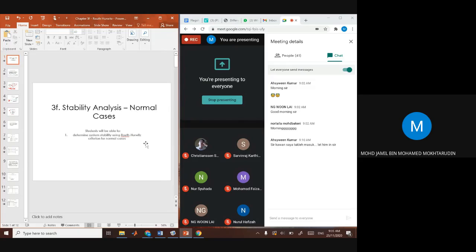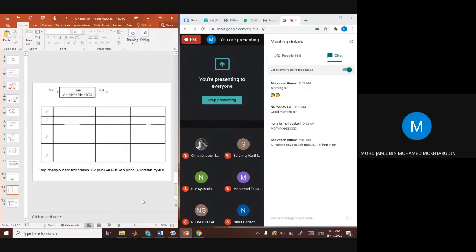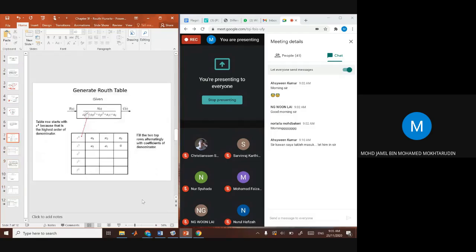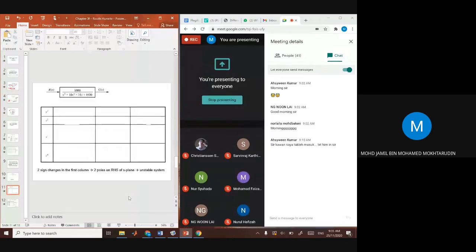So I want you to practice from now on to understand the Routh Hurwitz criteria, how to generate the table, because in chapter 4 you are going to use it many times. Okay, a lot of times.